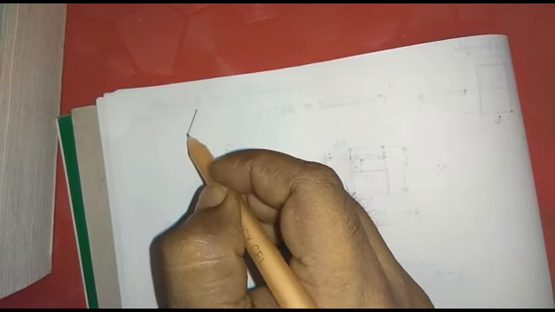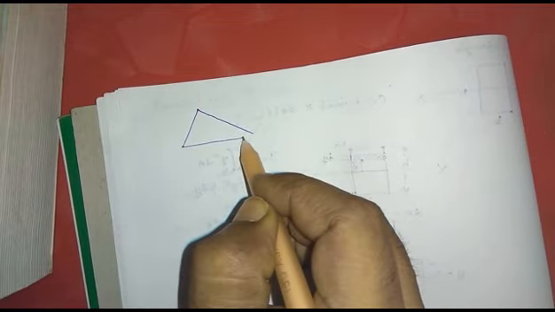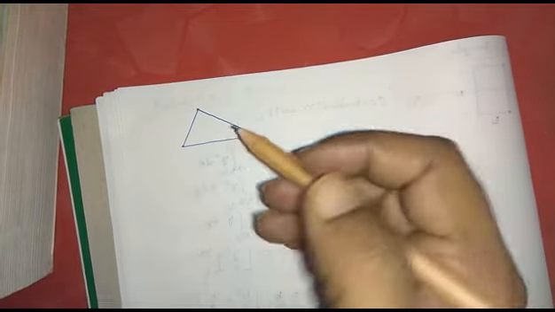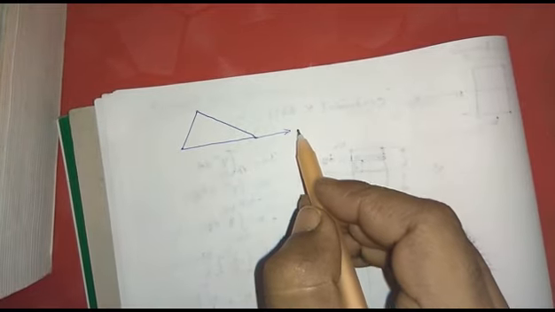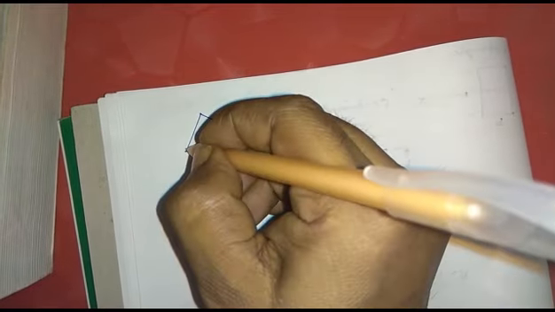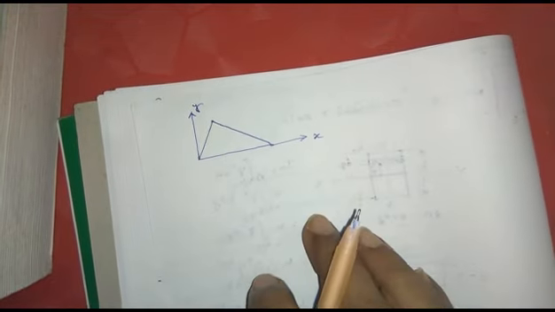Say this is a triangle, any triangle. This is our x-axis and this is the y-axis.